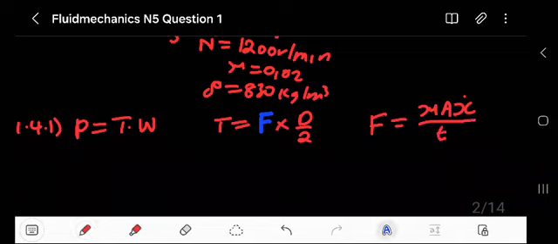So you check here, you see how the cookie crumbles, whereby the angular velocity is equal to 2 pi n.